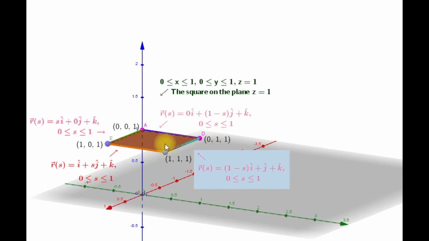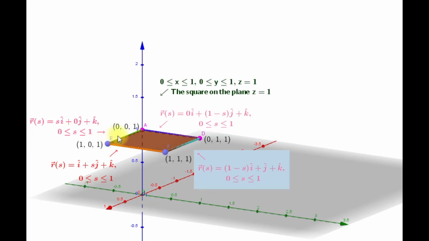So this is the parametrization of the 4 line segments, that is the boundary of this square. One thing is very important: the orientation from A to E, then E to F, then F to D, and finally from D to A is very important.